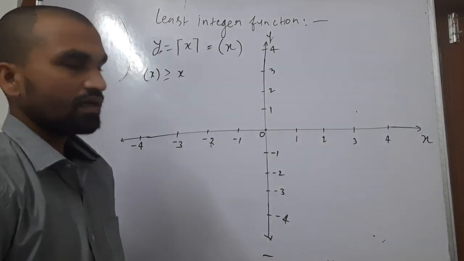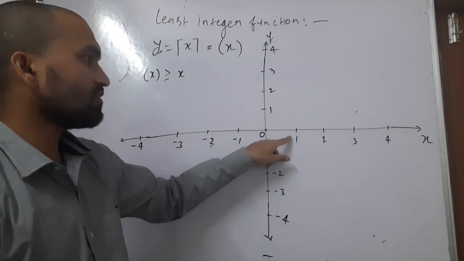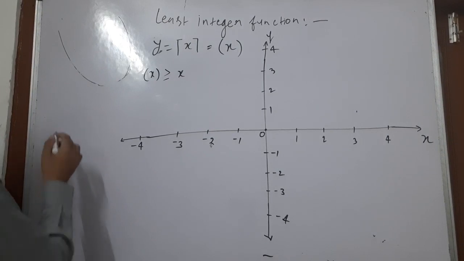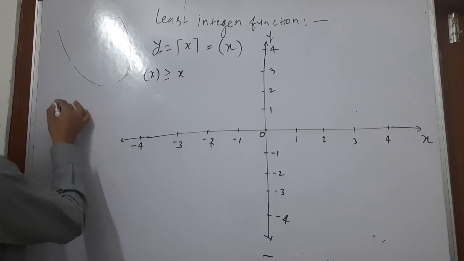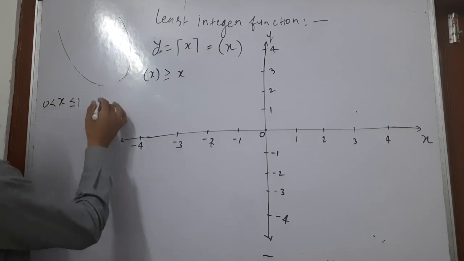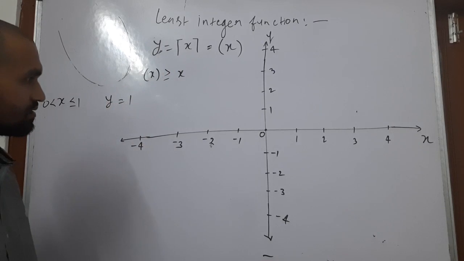So in this interval, the possible value is 1. When x is greater than 0 and less than or equal to 1, what is the value of y? y will be 1.